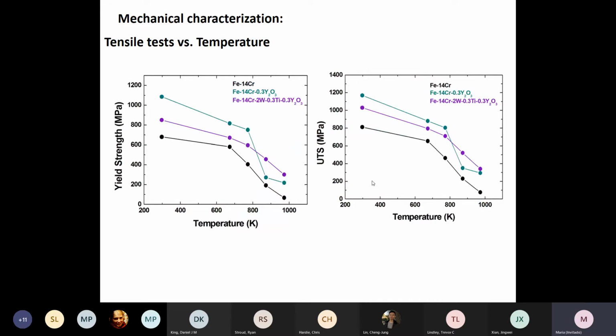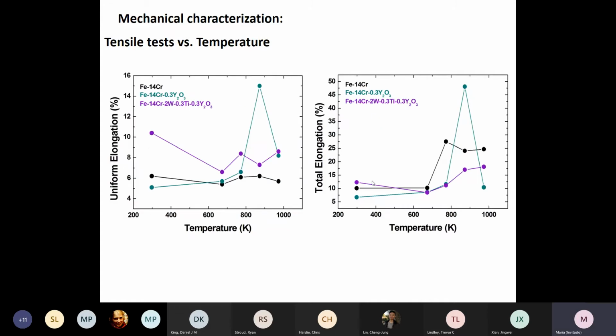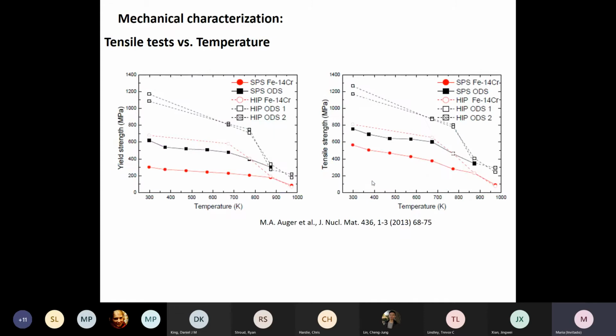So we see that the sample containing tungsten and titanium shows the best mechanical properties in the high temperature range, compared, of course, to the non-ODS version, but also to the sample not containing tungsten and titanium. Also, if we compare the uniform elongation and total elongation, we see that this HIP ODS2 is the one containing tungsten and titanium.